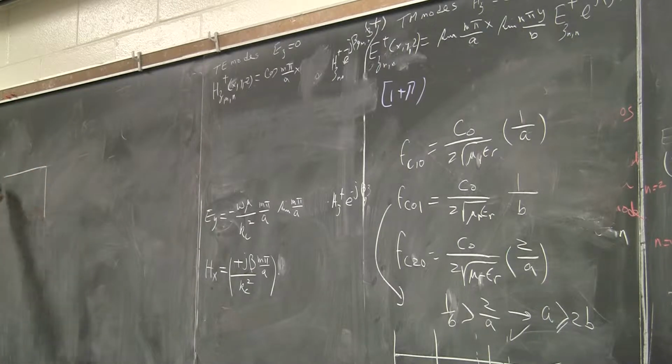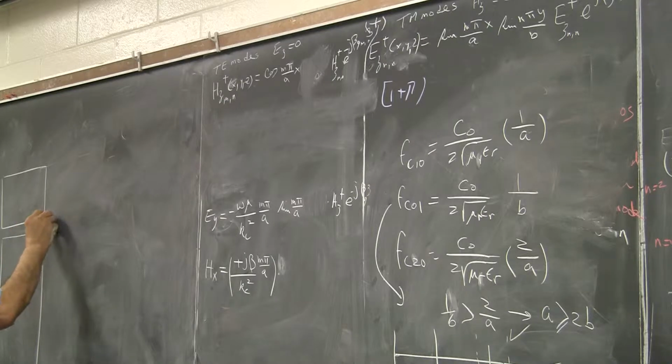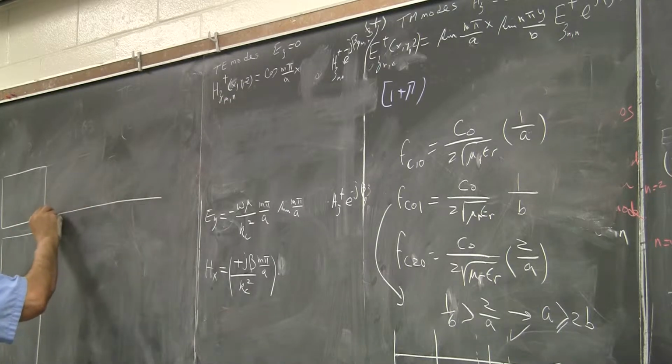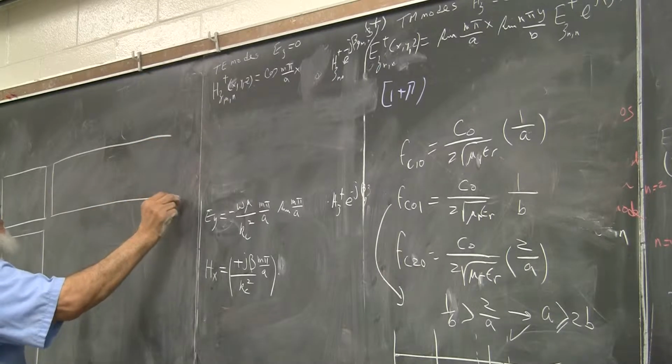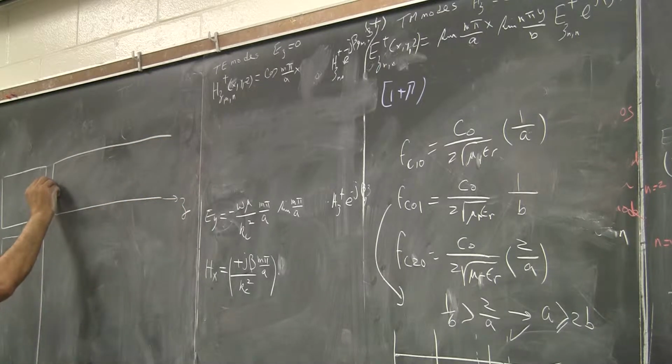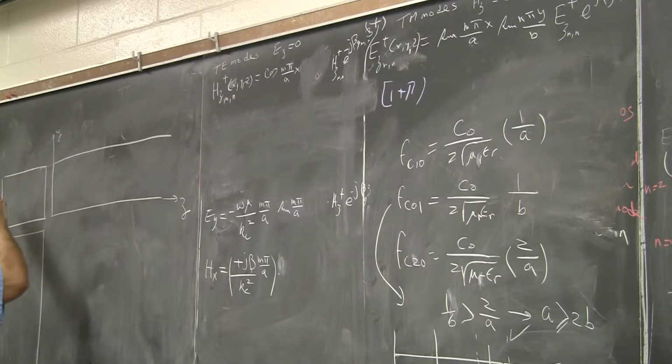Here's my cross-section, and here's a projection on the broad dimension and a projection on the narrow dimension. So this is my z coordinate here, and this is my y, and this is my x, and this is my z.